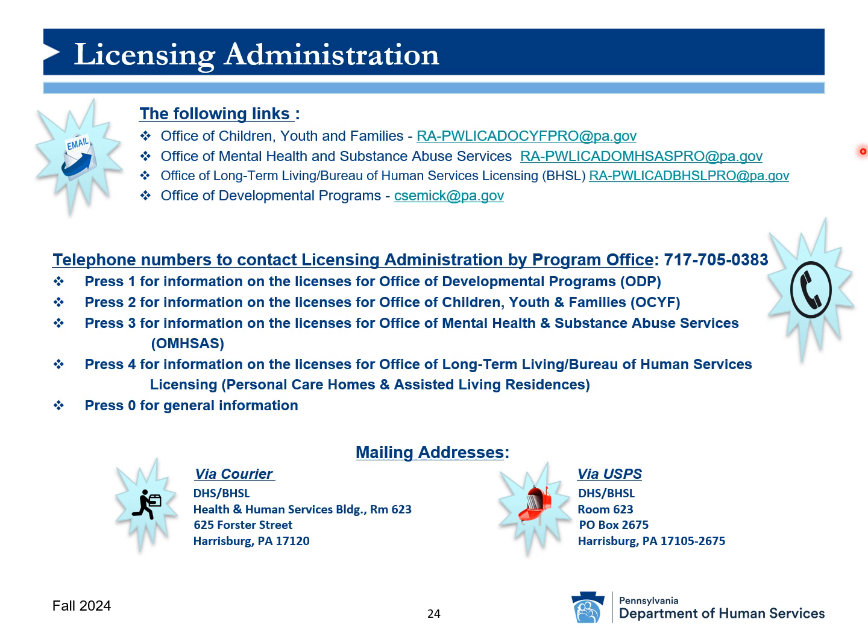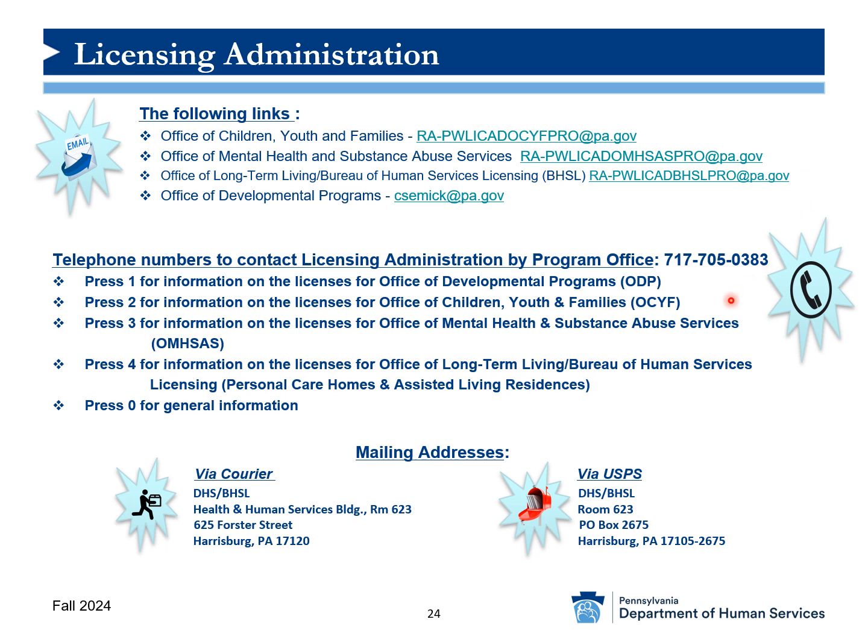Because the other two program offices do not have application fees, that is why they can be submitted electronically via email. Should you have any questions for the Bureau of Human Services Licensing, they can be submitted to this email account.